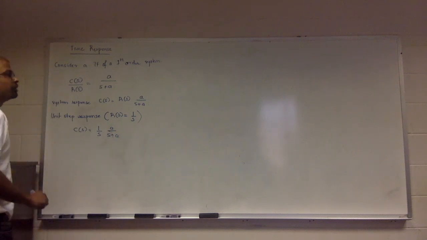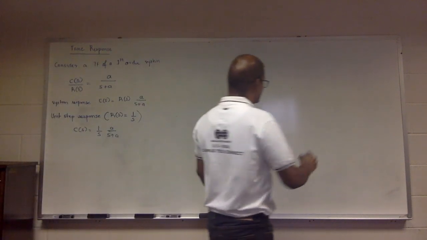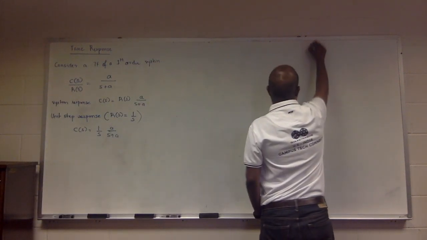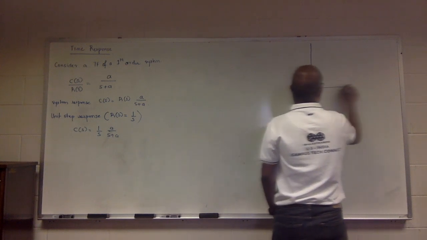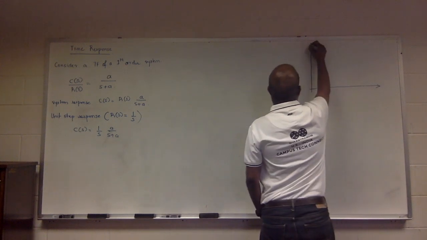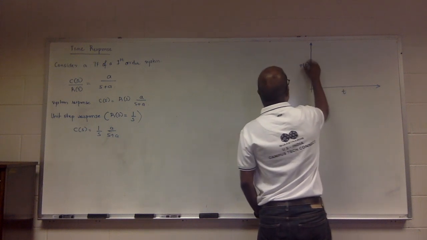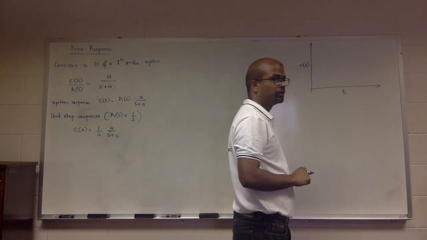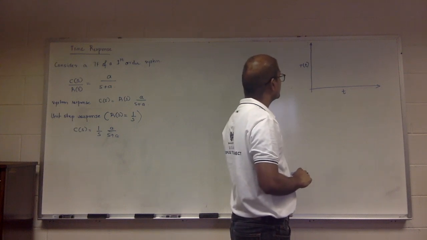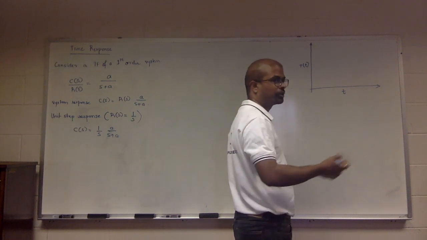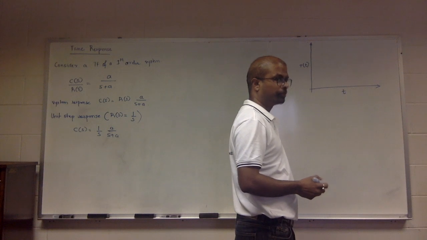So unit step is essentially step function is this. Okay. So you have this t, right, and this is r of t. All right. You're looking at what is a step function. You have to understand basically unit step function.